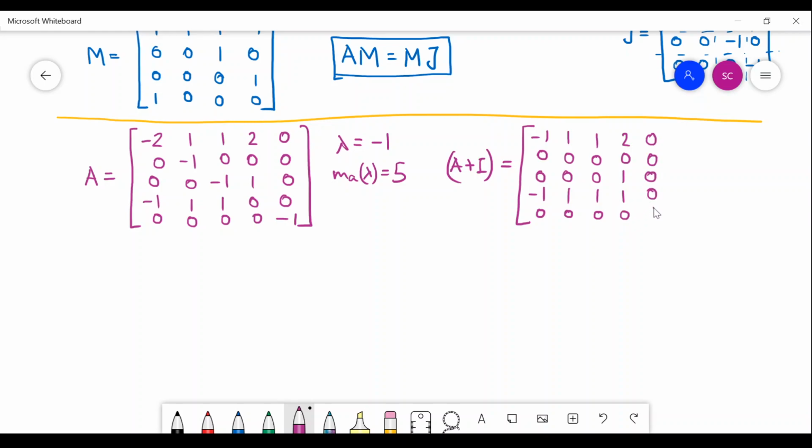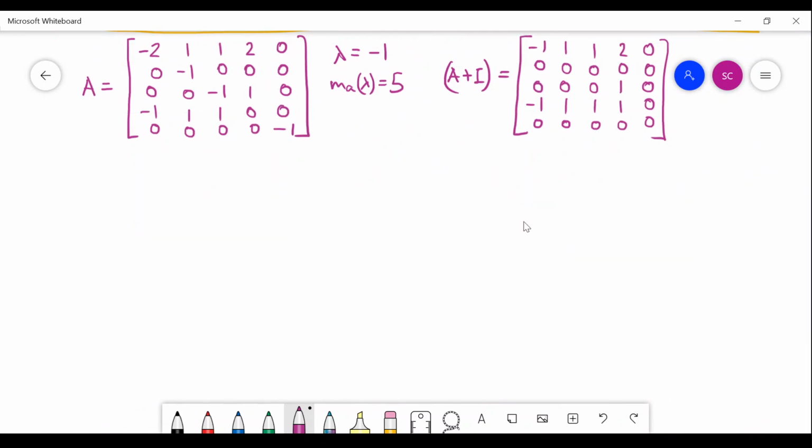Already you have a 0 column, you see. So what is our first step? Our first step is to do the column operation on A plus I. That is always the first step. So you blindly do the column operation.